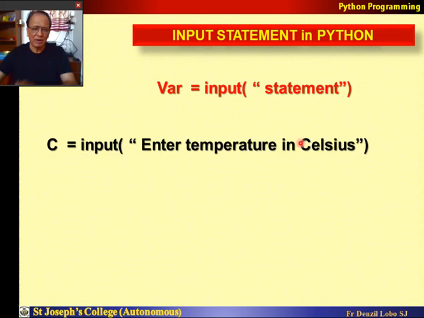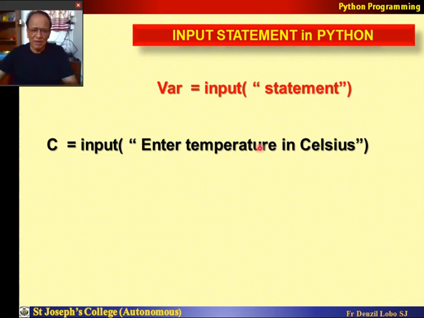With that, we come to the last of the statements we are studying till now, the input statement. As I said, we need to enter data, numbers or strings, into the program. How do I do that? For that I use this input statement, and within brackets I give whatever I want to tell the user of your program.